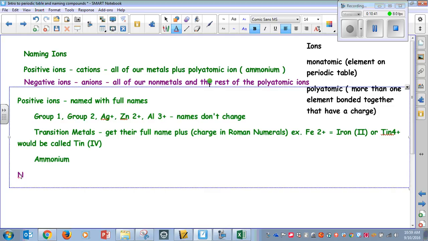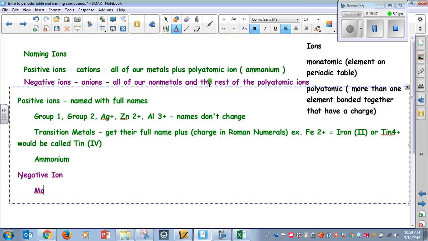Our negative ions may change their name. If they are monatomic, that means they're on the periodic table, then we change the ending to IDE.